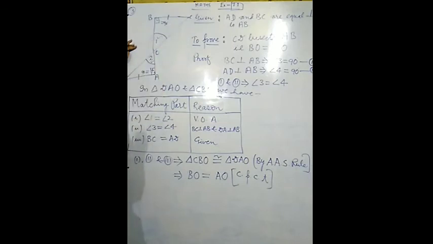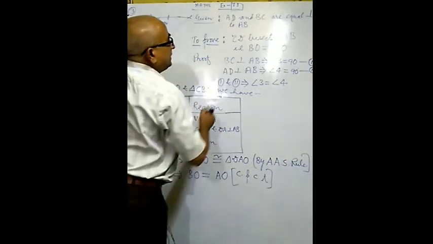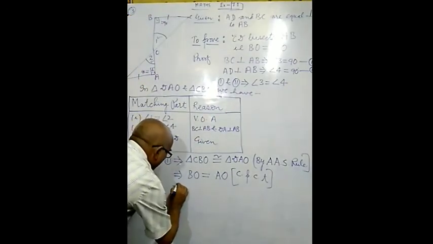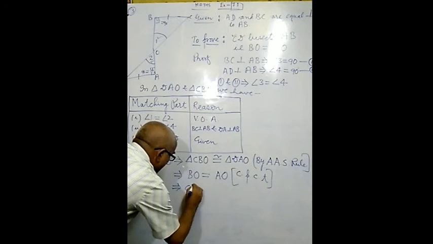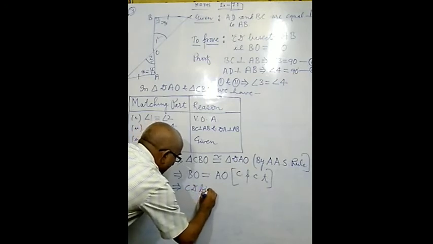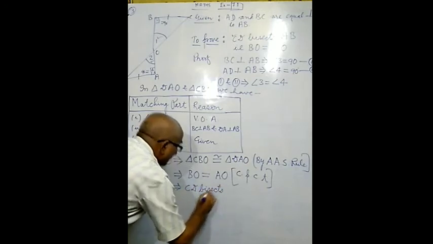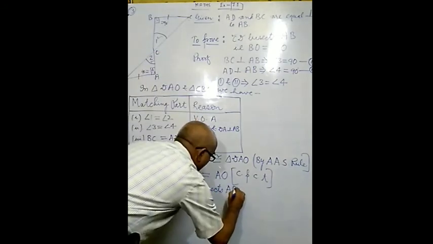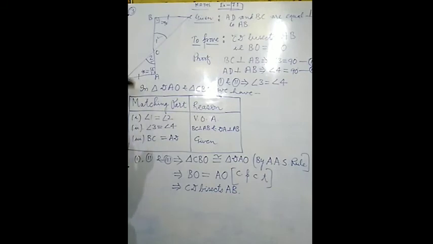CD bisects line segment AB, and that is what is required. Bisect means CD is dividing AB into two equal parts.